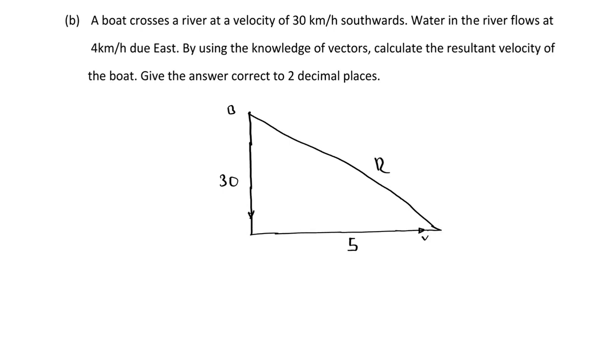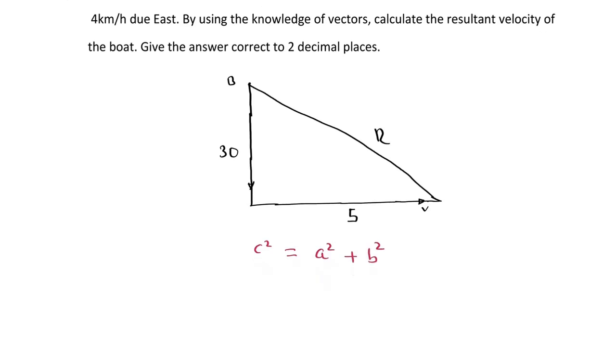Okay, so now to find the result, we are going to use the Pythagoras theorem which says c squared equals a squared plus b squared. So we are going to substitute c with r, a with 30, and b with 5.